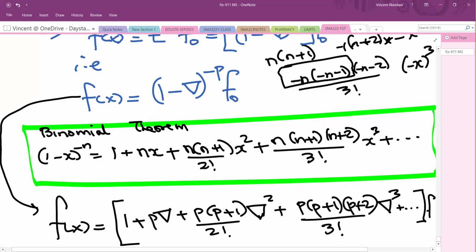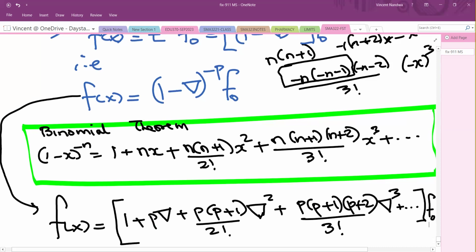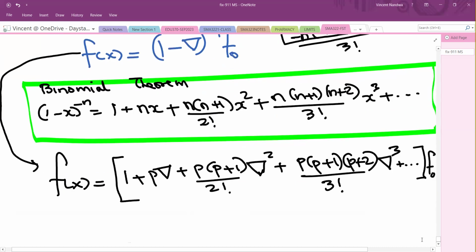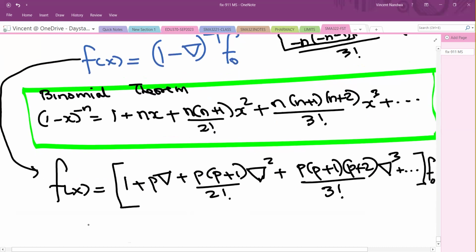Then I multiply by f naught. So this is by binomial theorem.